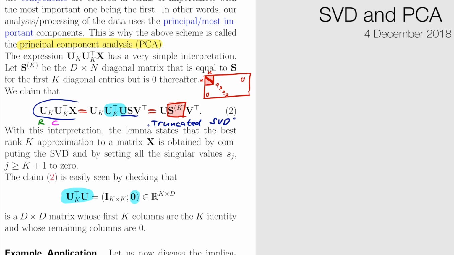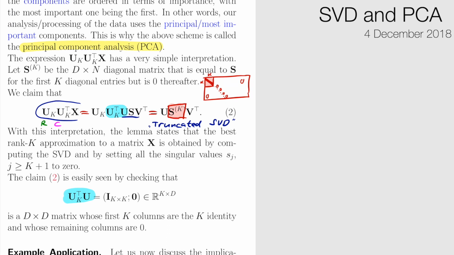You just have many more columns on the right, so everything else is 0. So it's very easy to see that this matrix, which is in light blue, is basically the identity matrix of the right size.